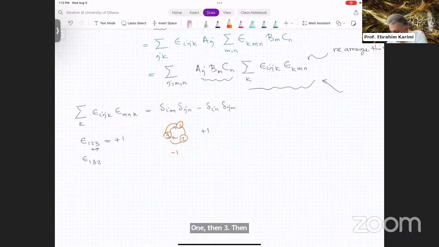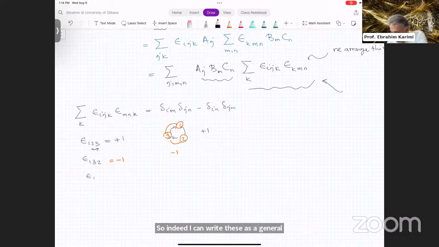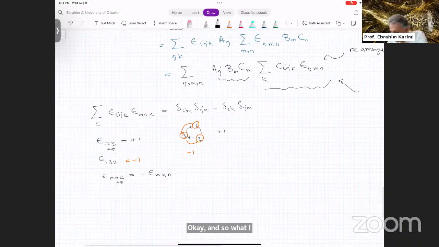So that will be negative, so that result is -1. Whenever two indices are swapped, the sign will be negative. So indeed, I can write this as a general formalism: epsilon of M, N, K is equal to minus epsilon of M, K, N. So what I did, I swapped N and K here.